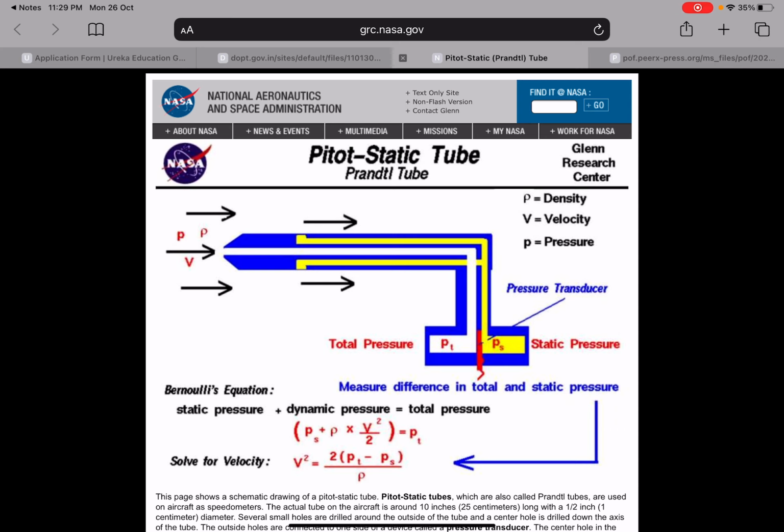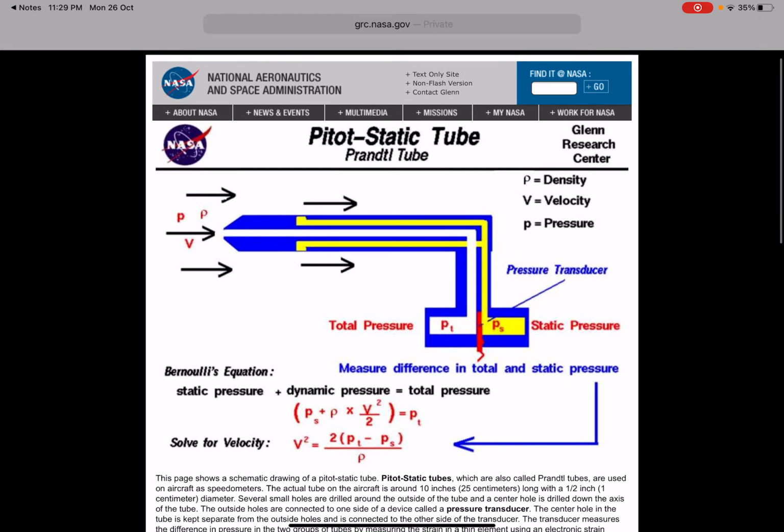So when the yellow part and the red part are connected to two different manometers, the difference of these two will give us the dynamic pressure or the velocity head. And the yellow part by itself, if we take its reading, the absolute value of that will give us the static pressure at the point.